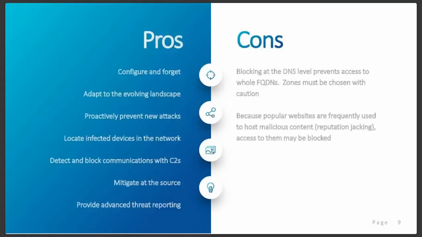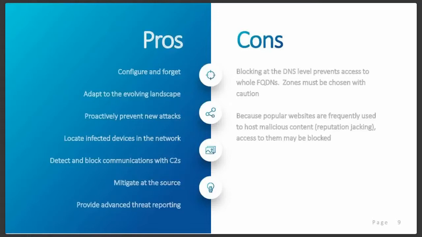So you will be adapting to this evolving landscape of threats as your data provider pushes new data about recent threats, right? So, protection against attacks, and also the chance for you to use the logs of your local DNS server or servers to locate infected devices.